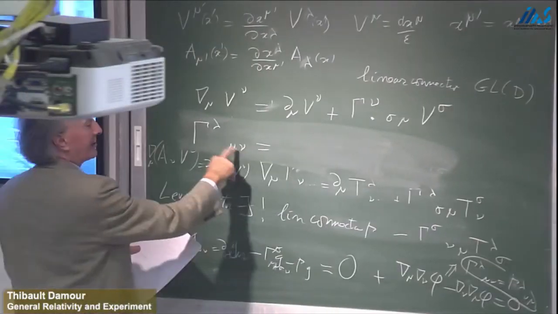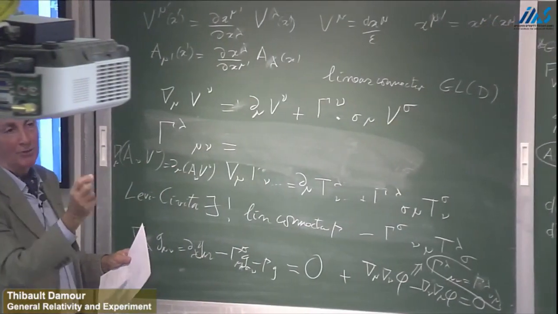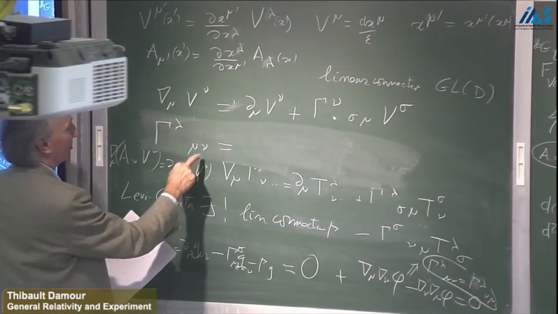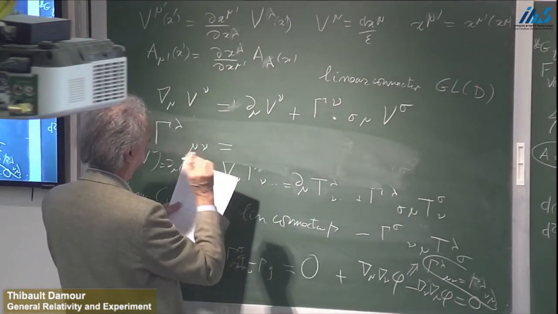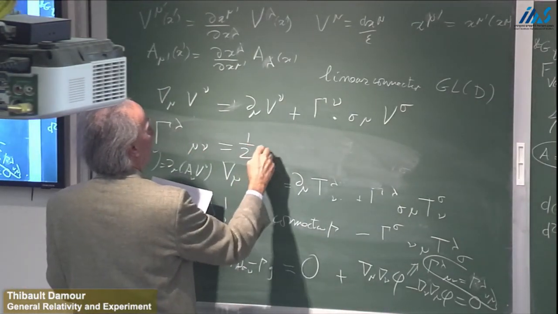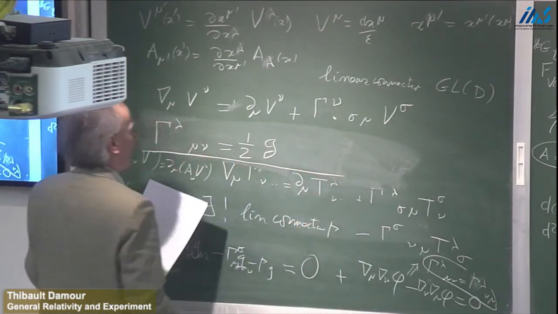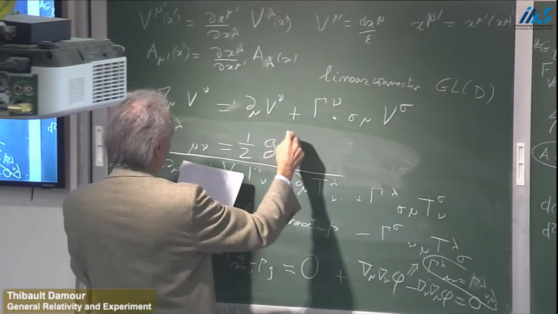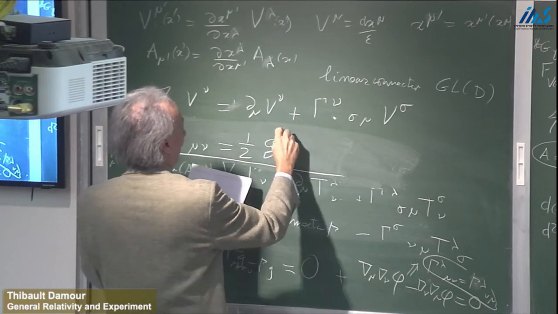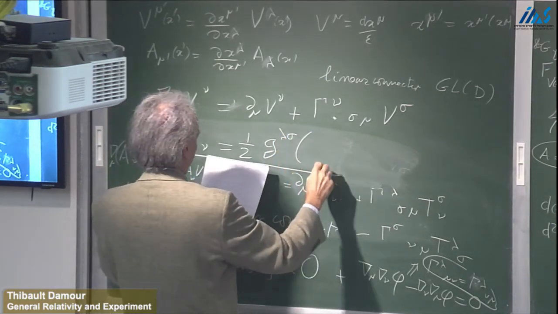Remember the last index is the differentiation index, but now because it is symmetric, it's not so important. It is 1/2 of... let me write the formula and then explain how you remember this formula.